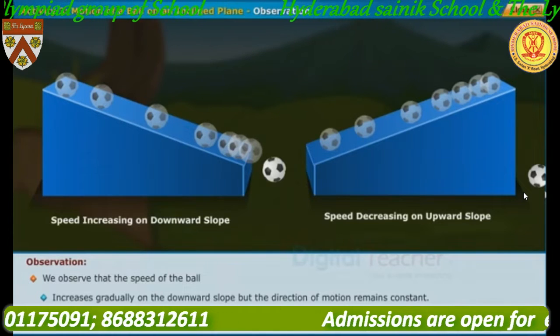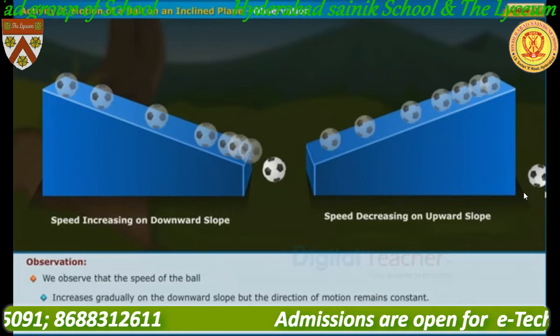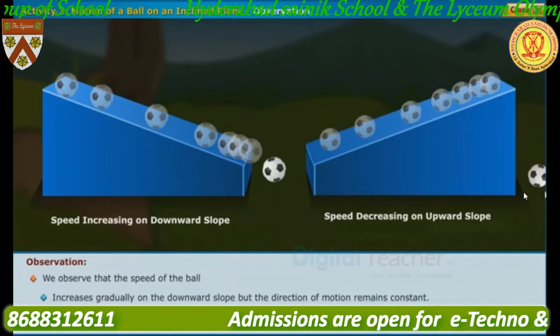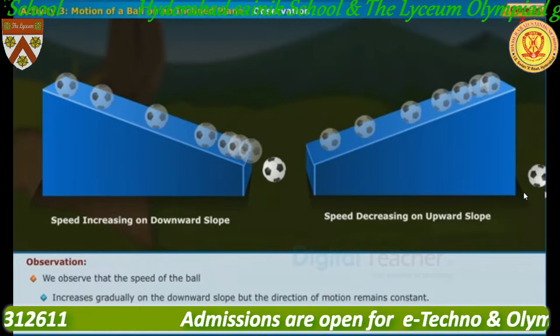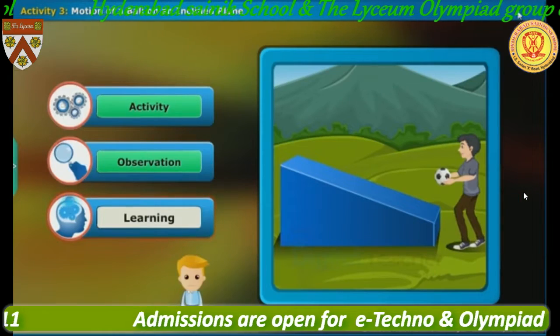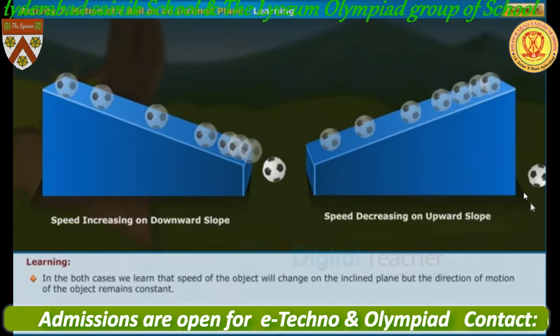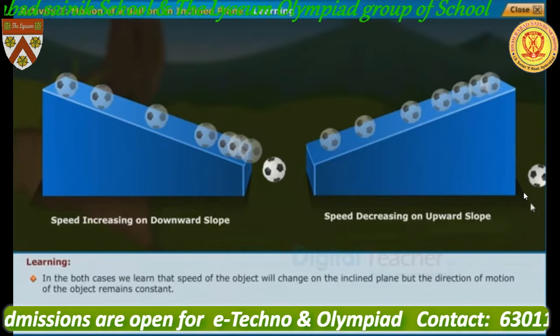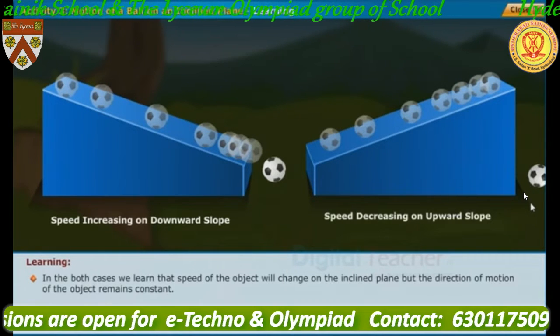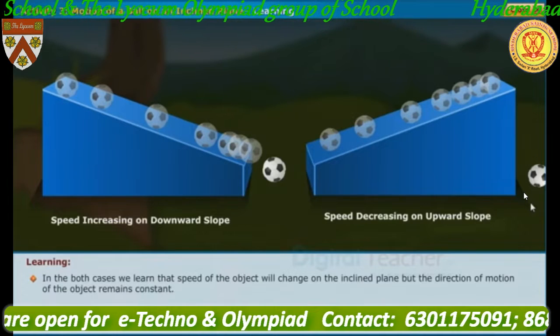It decreases gradually on the upward slope, but the direction of motion remains constant. In both cases, we learned that the speed of the object will change on the inclined plane, but the direction of motion of the object remains constant.